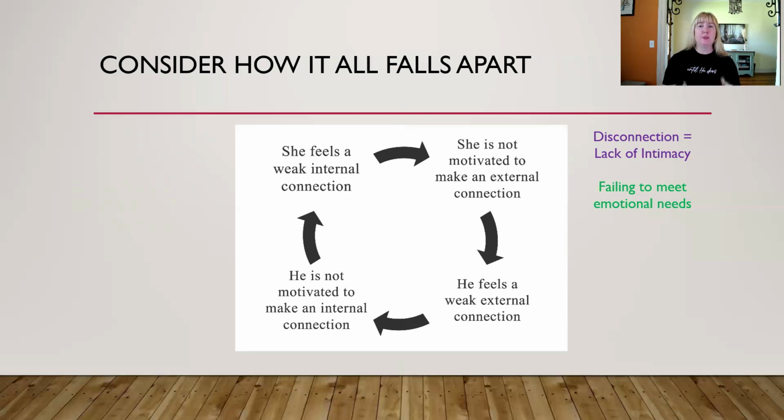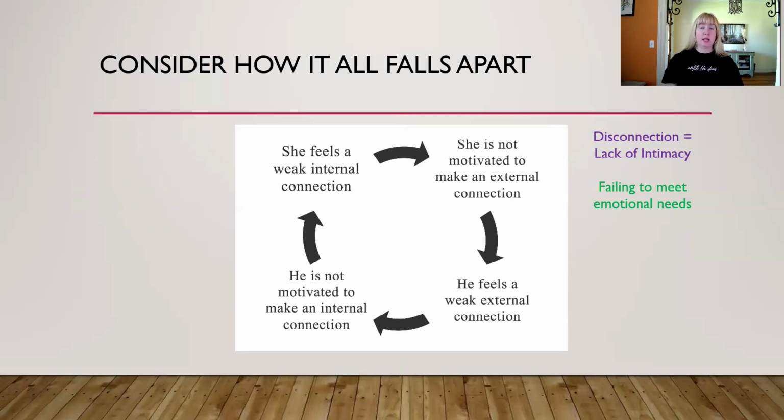It's what they need. It's what you're called to. It's what you're commanded to, when it comes to a Christ-centered, godly marriage. And so looking for those ways to continue to reach out, make connection on all the four levels, to continue to build a strong internal connection and external connection to meet each other's emotional needs.